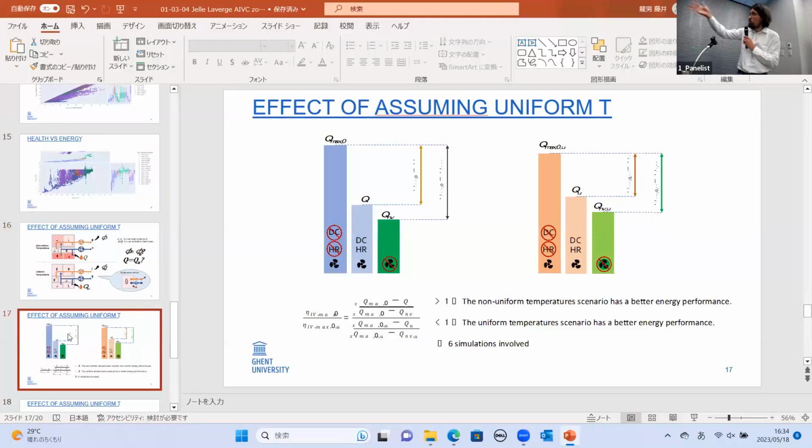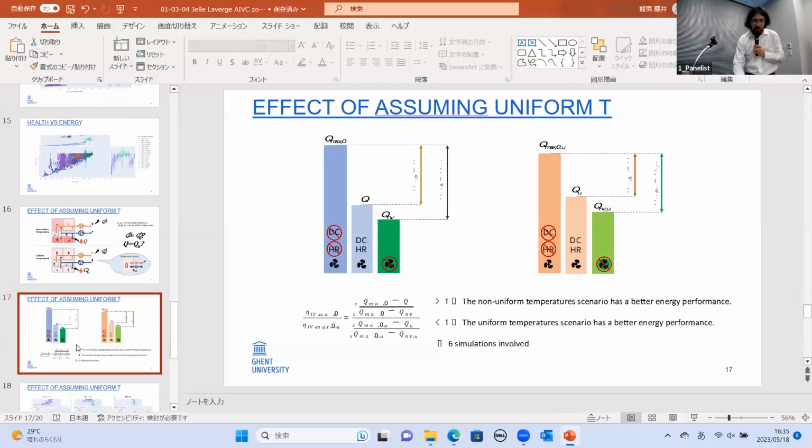And then we do the same analysis for the different situations, so non-uniform and uniform temperatures. We calculate the same metric, and then we divide both results as a ratio.